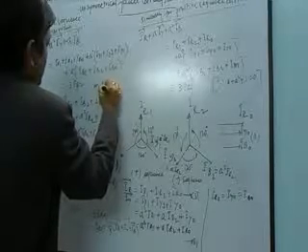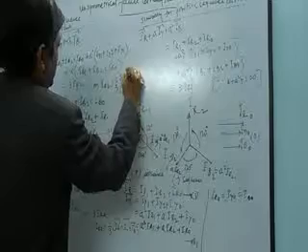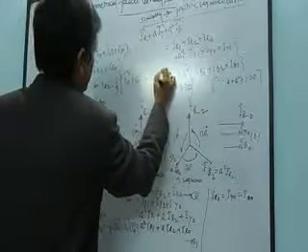Or IR2 is equal to 1/3 of IR plus A square IY plus A IB.